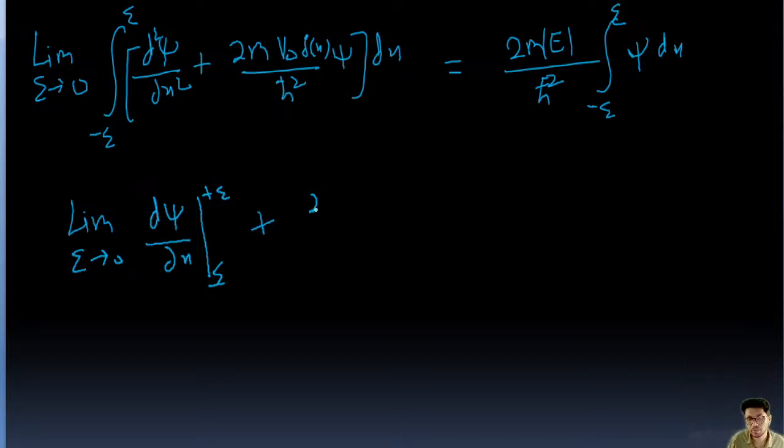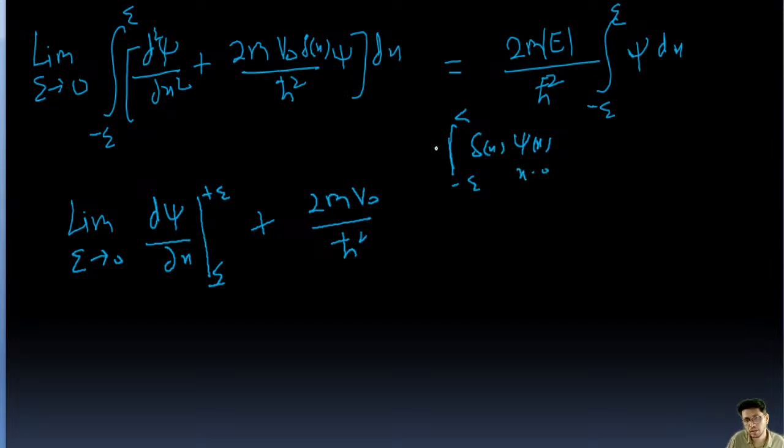Similarly, this is going to be 2m V naught upon h cut squared, and the integration of this Dirac delta function and psi x. We know that if, for example, integration of delta x psi x, delta x is delta x minus 0.